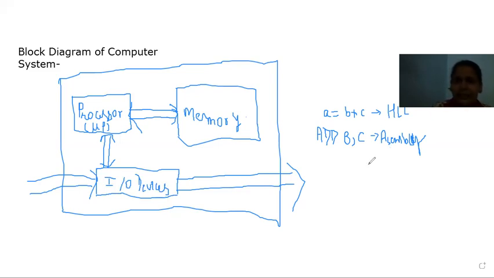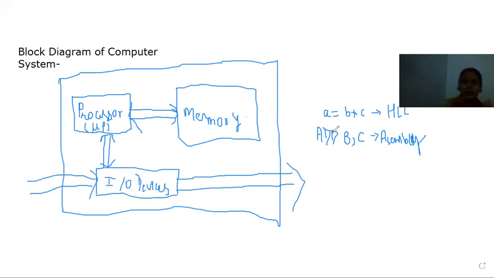After this, what we will do? A equals to B plus C directly can't store in the memory, because first of all, we have to convert this into the binary form, means in the form of 0 and 1.